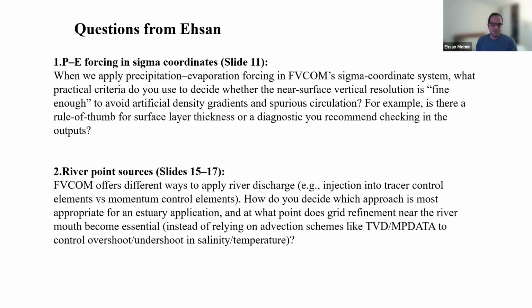And another one is for the river point source: when is mesh refinement essential, instead of just relying on advection like TVD or MPDATA, and how can we check for reasonable output at the final stage? Is there any criteria for that, like post-processing criteria or not?